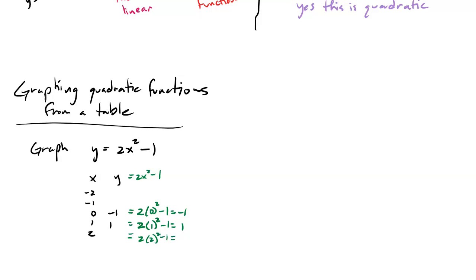So this is 2 times 4, which would be 8 minus 1, which is 7. If you could do them in your head, great. If you need to use a calculator, that's fine too. Just do whatever you need to at this point. And then I will write in negative 1 and negative 2 here.